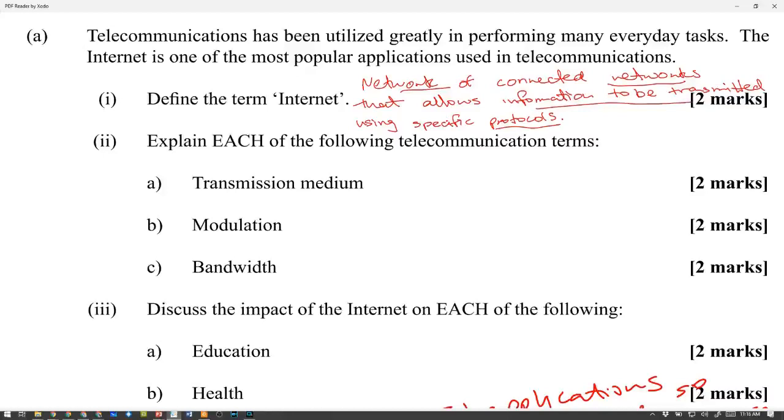All right. Okay. Explain each of the following telecommunications terms: a transmission medium.